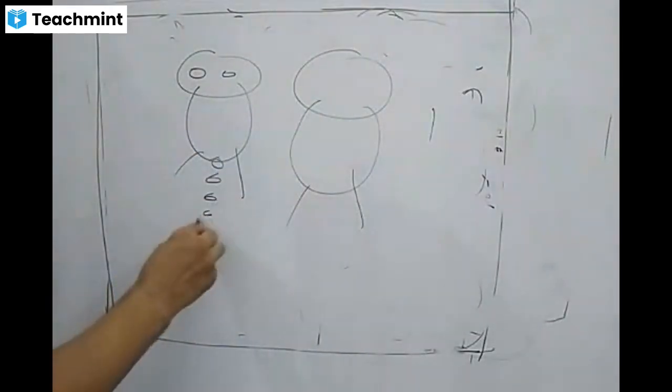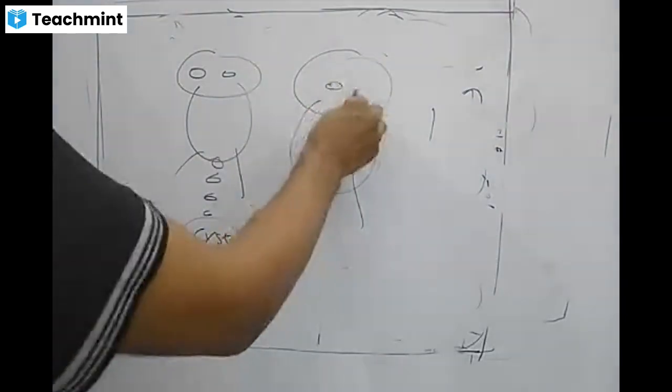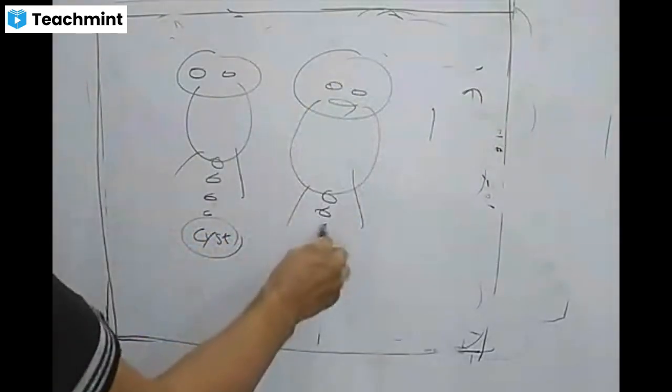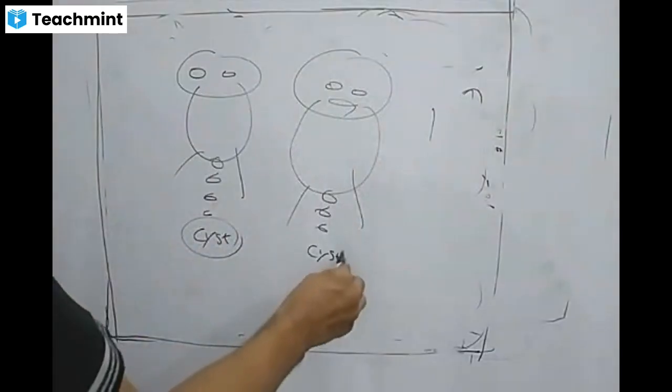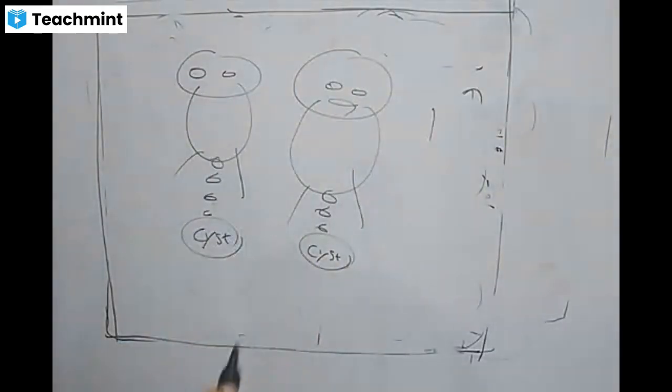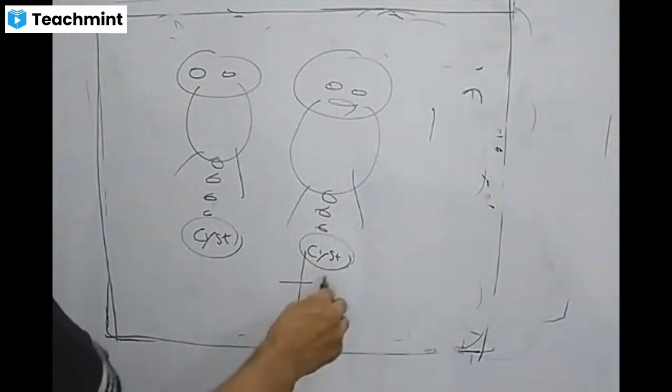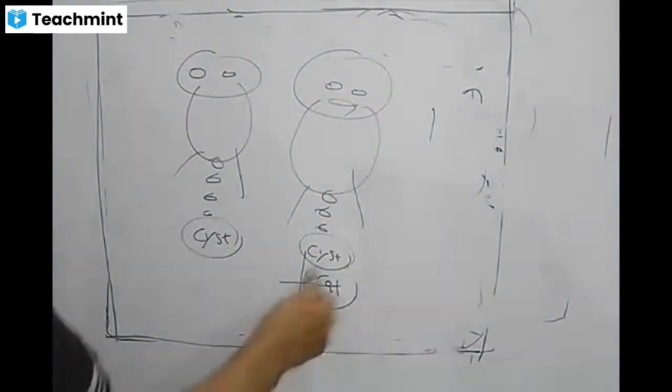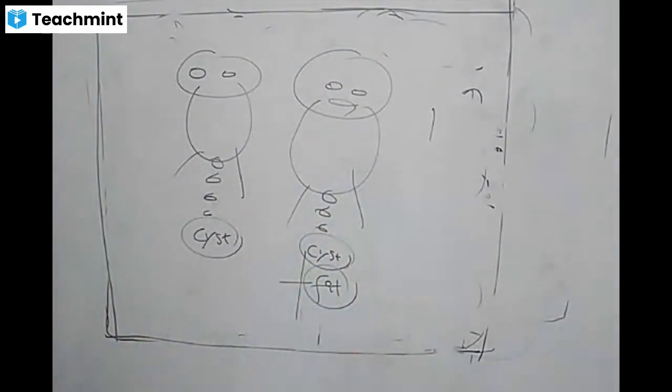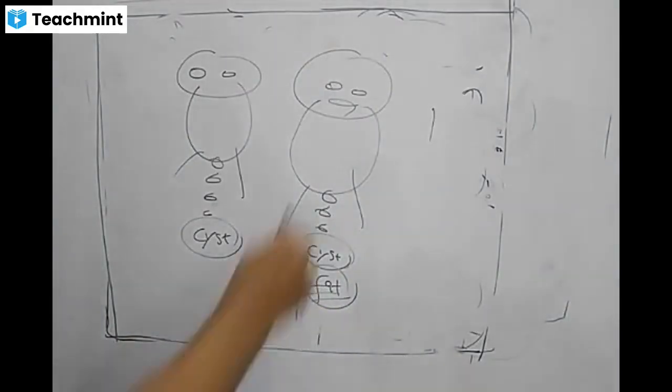In this case, in the feces, we find cyst. In case of your Giardia, in the feces, we find cyst. Both are common. But what is more important is fat. Steatorrhea condition. In the feces, we find fat. That is because of malabsorption.